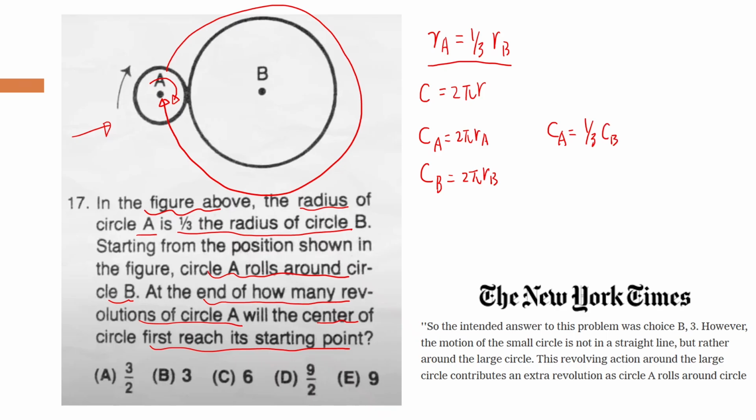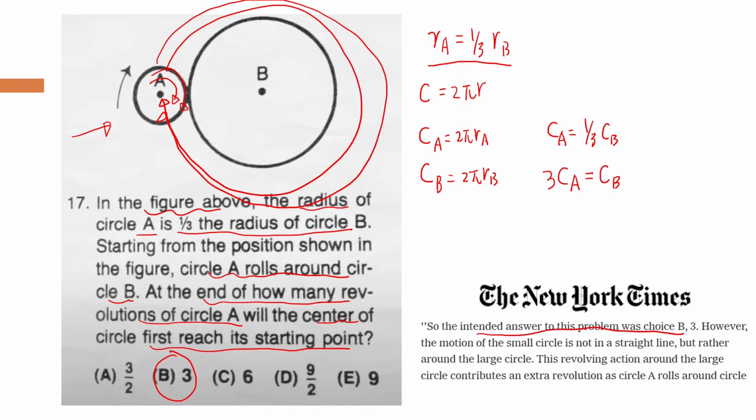In other words, the circumference of A times 3 equals the circumference of B. So they think if A rolls around B for one revolution, A should self-rotate 3 revolutions. So they think the correct answer is B. That's the intended answer from the test writer.